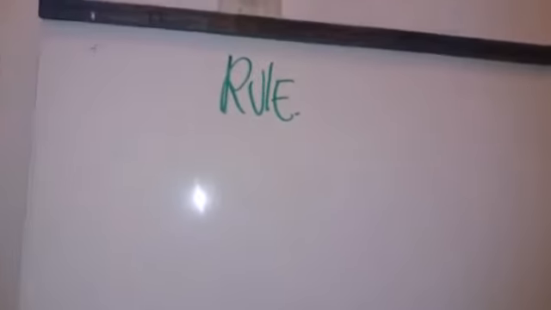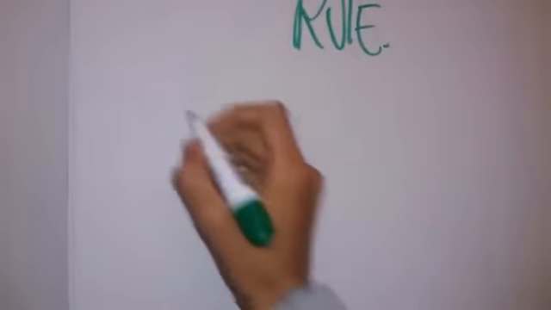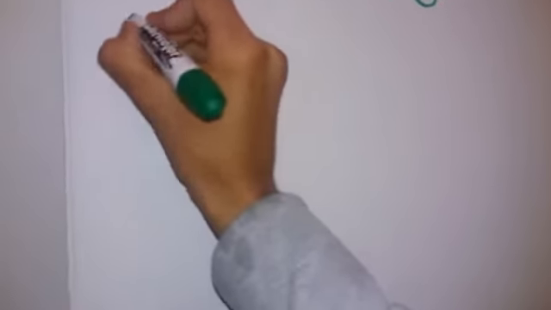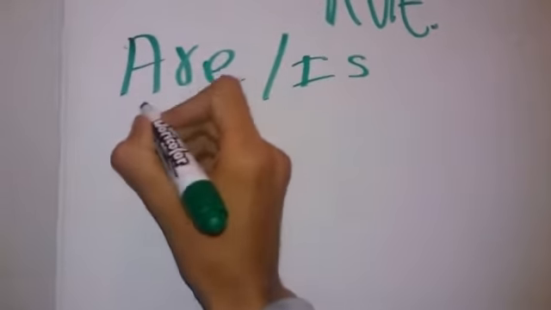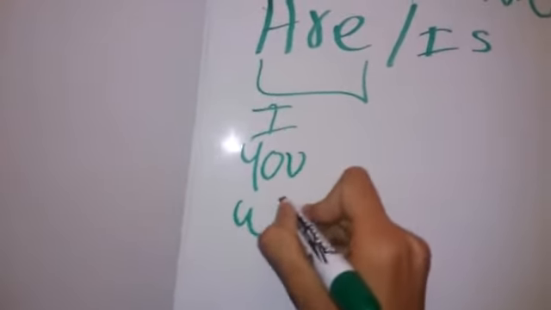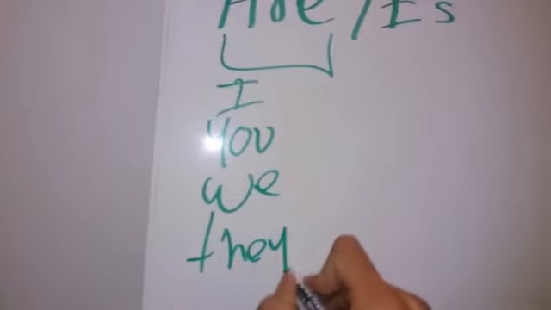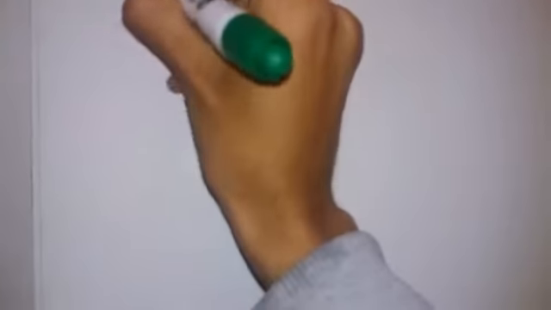The rule for interrogative sentences with the verb to be: in this case, the auxiliary is are or is. Are is for I, you, we, and they. And is for the third person, she, he, and it. Plus the subject plus complement. Some examples.